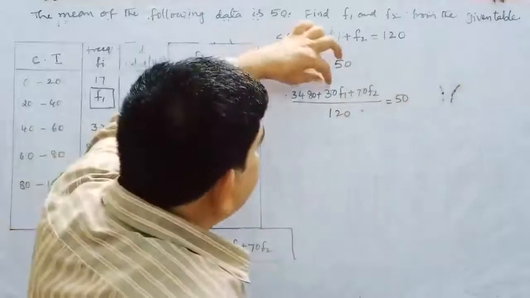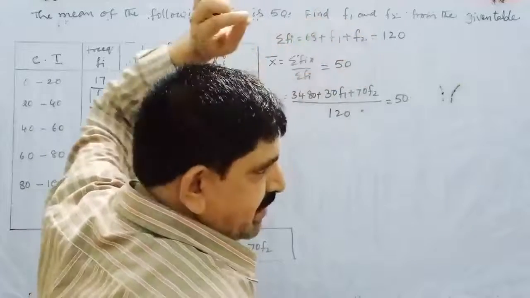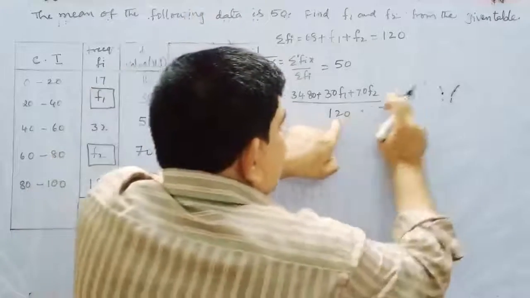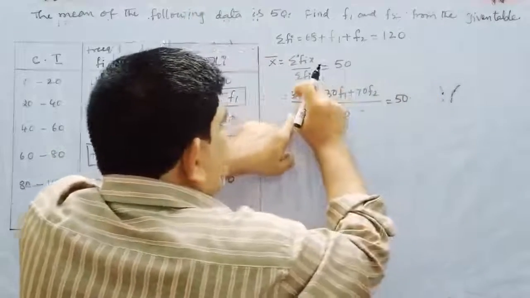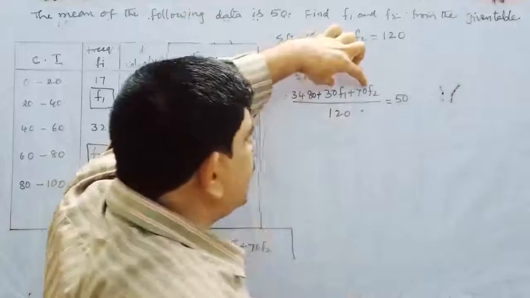You take out 10 from 30 f1 and 70 f2. First you multiply this one, next you take 3480 to this side, and after that you get the two remaining terms.